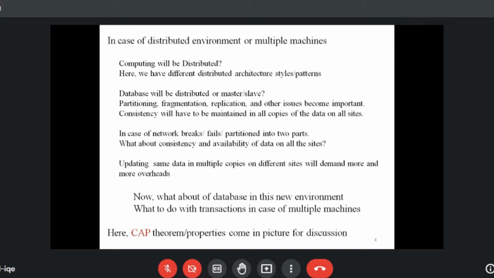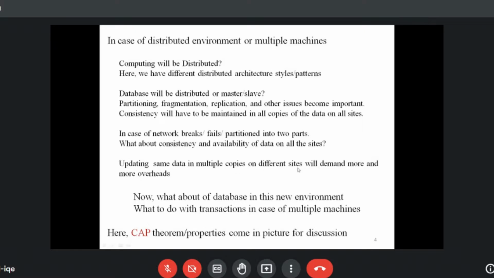In that case, what will happen about the consistency? Because communication cannot be made now between the disconnected parts. And what about the availability? Some data that I expect on my site at one node, but the data that is not present now is in another part of the network that is already broken, divided, or partitioned.